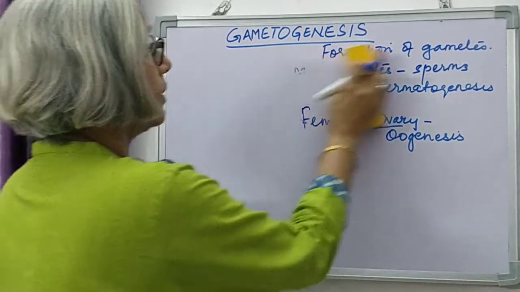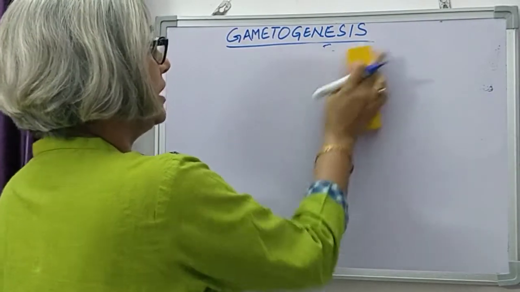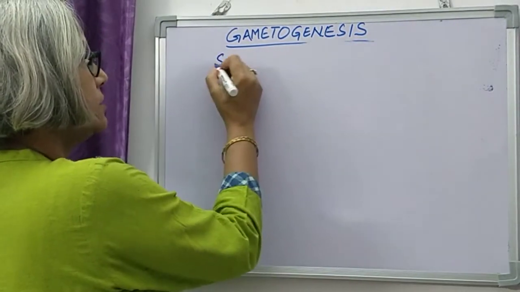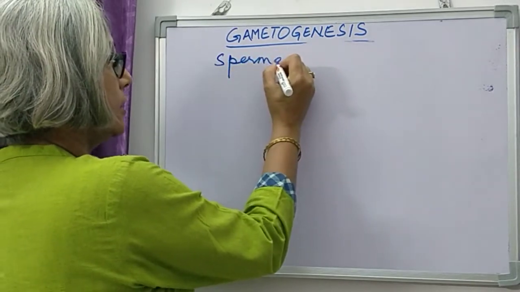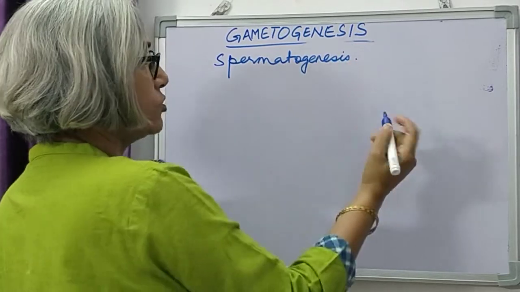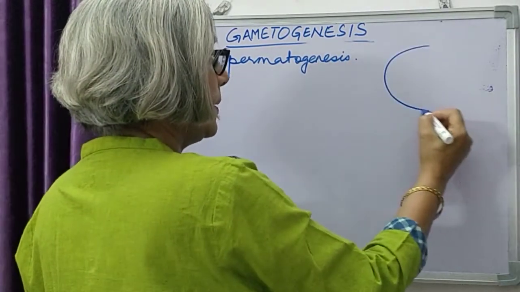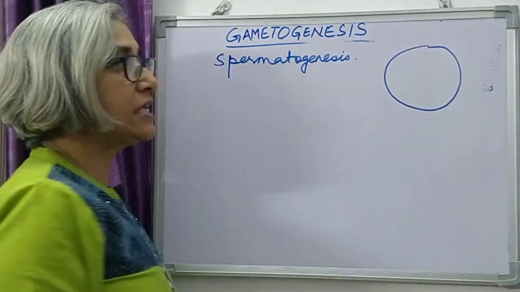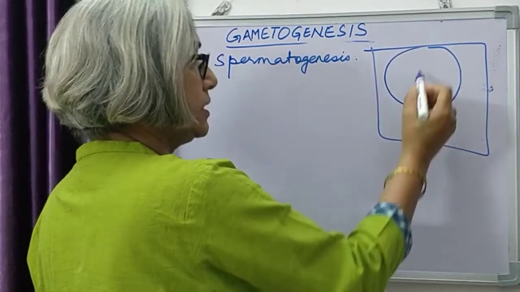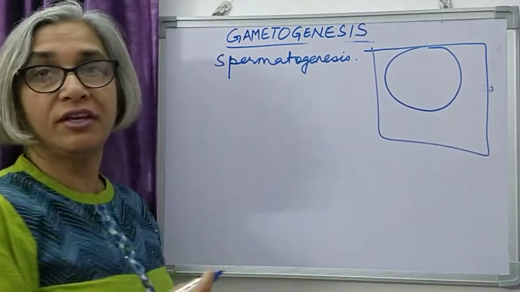Now one by one we will be dealing with each process. First comes spermatogenesis. Now I said you have to have an idea of the primary sex organ. If you remember, I told you testes is made up of seminiferous tubules. We had done the TS of testes. Suppose this is a seminiferous tubule.